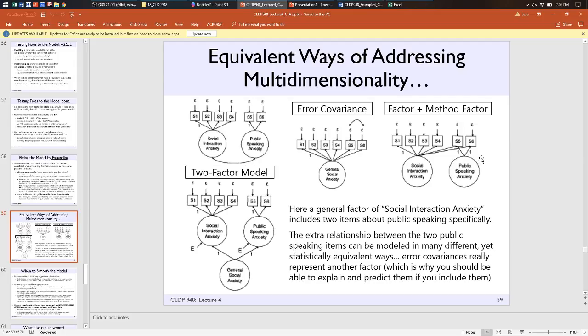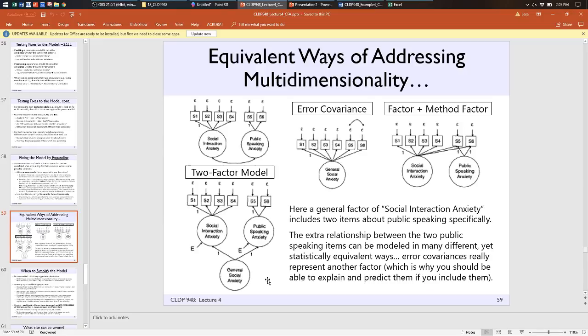But each of these models, though, adds one term. Right here, one error covariance. Right here, one correlation. Right here, one factor variance because these loadings are fixed to 1. And right here, one factor variance. They are the same.